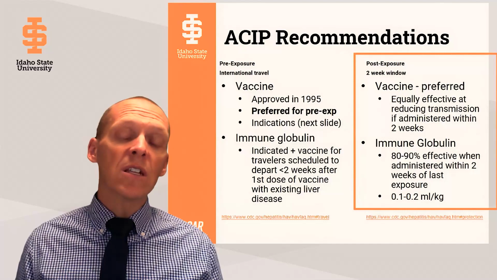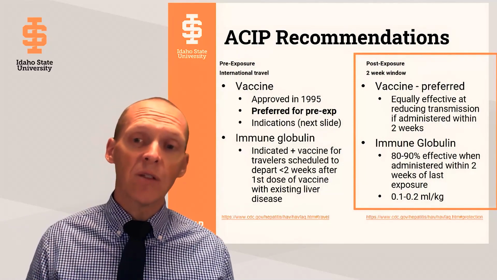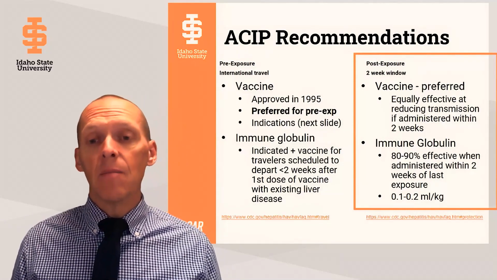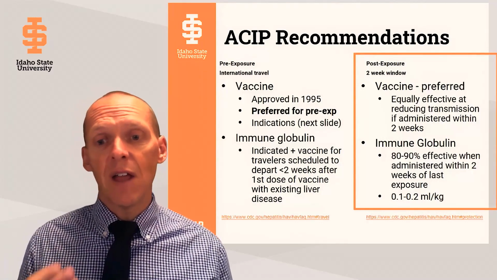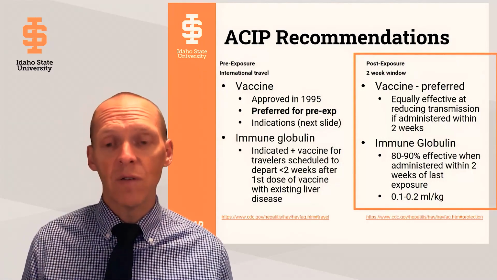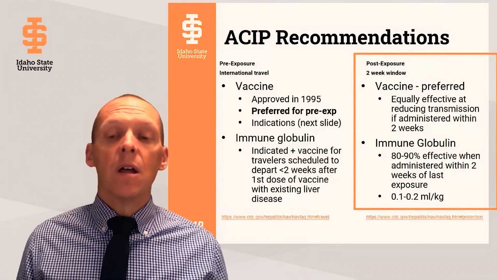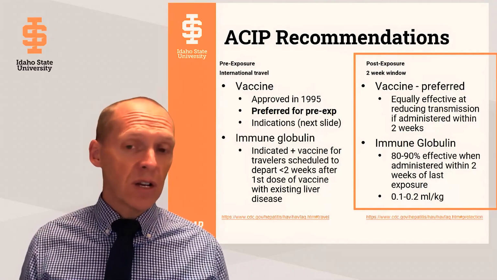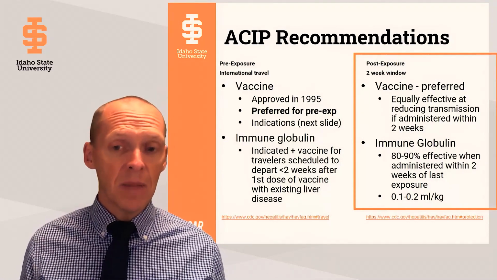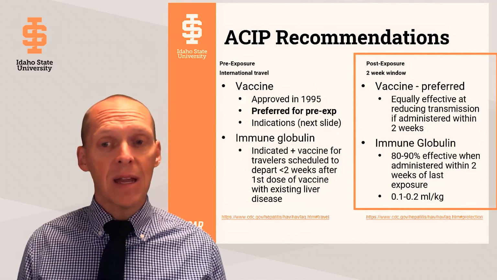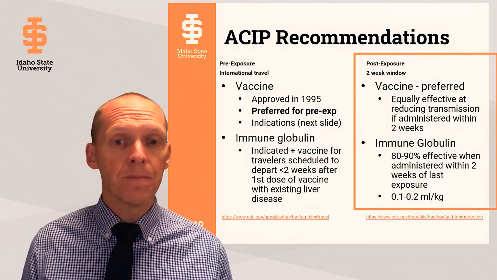So within 2 weeks of an exposure, individuals can receive the vaccine, which is extremely effective at reducing transmission if given within that 2-week window. Individuals who may have a contraindication to the vaccine may use immune globulin, but again, the vaccine is preferred.